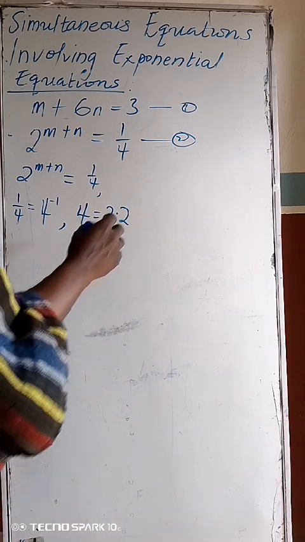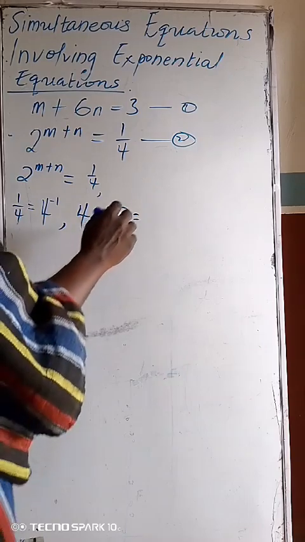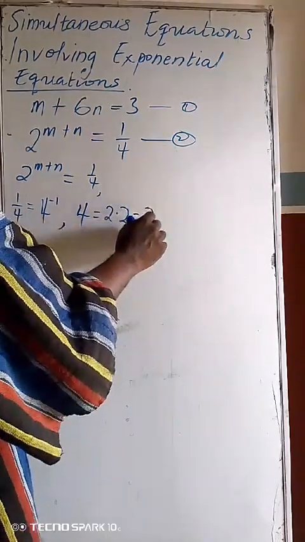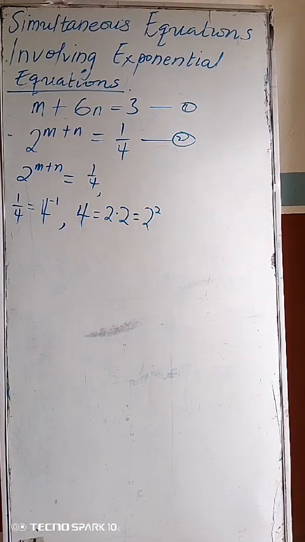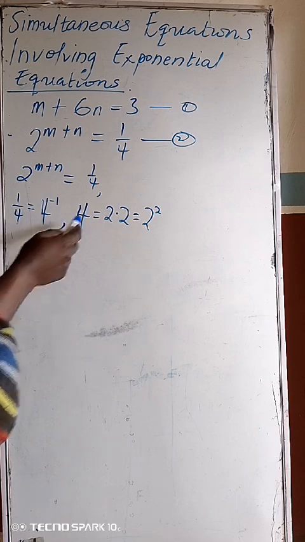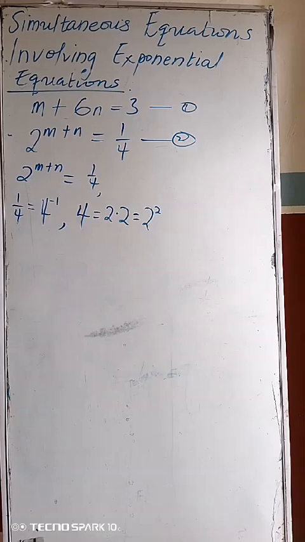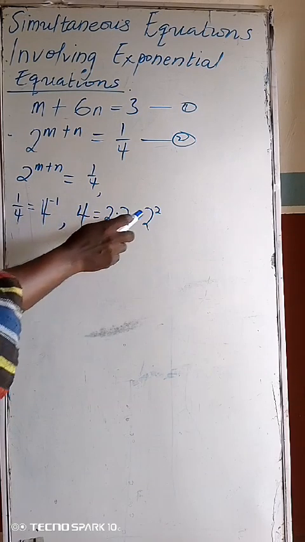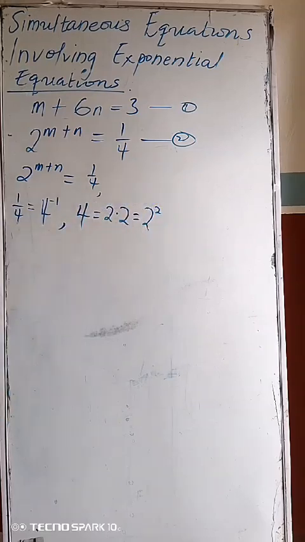In indices, 2 times 2 can also be written as 2 raised to the power 2. So 4 can be written as 2 raised to the power 2. In place of this 4, we substitute 2 raised to the power 2.